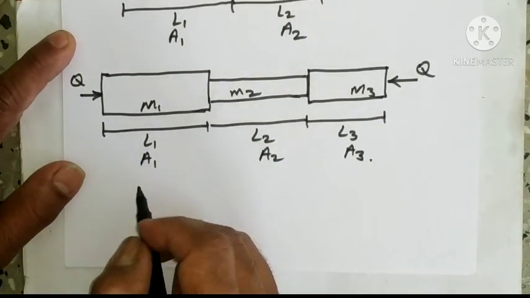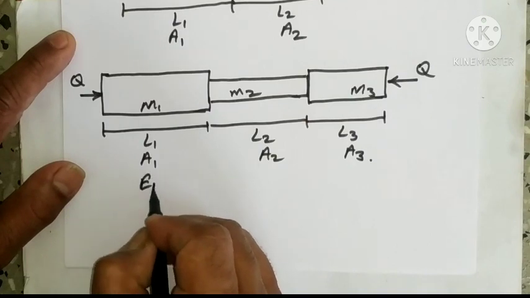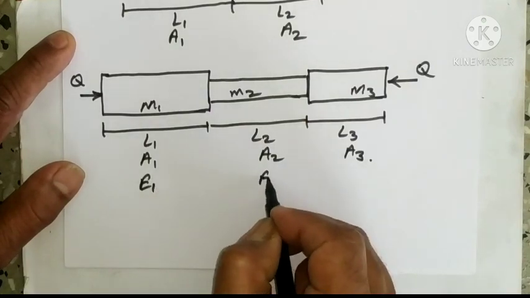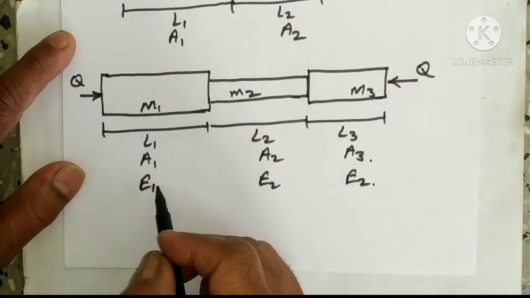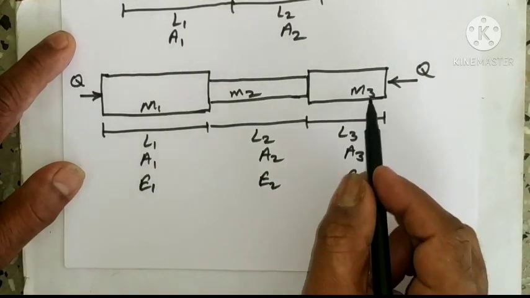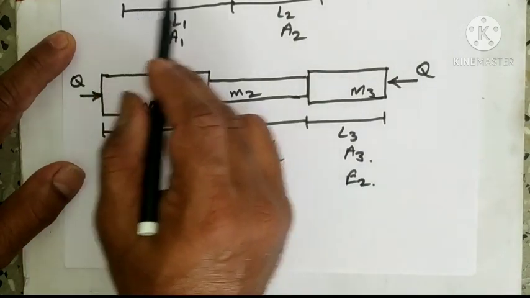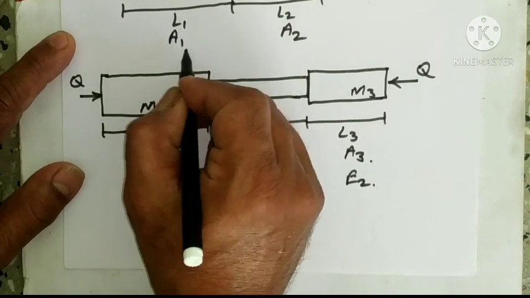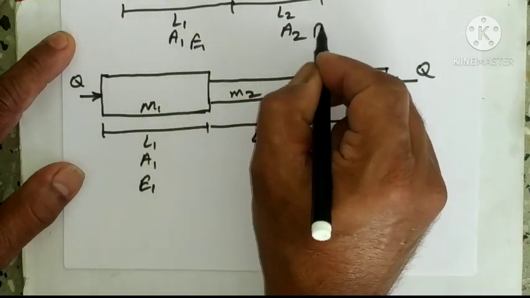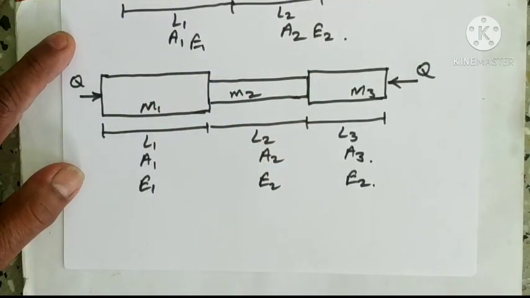Then their Young modulus is also different, E1, E2, E3. For material 1, E1, material 2, E2, material 3, E3. Similarly for the above example also, E1, E2, and so on.